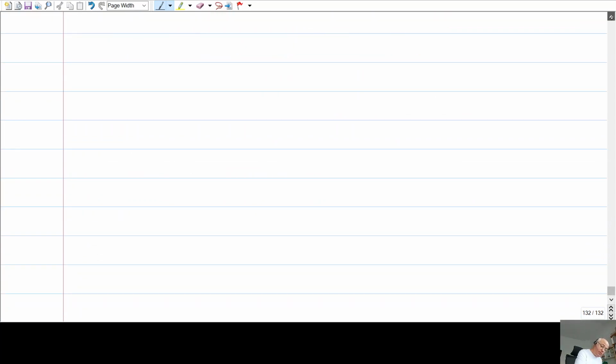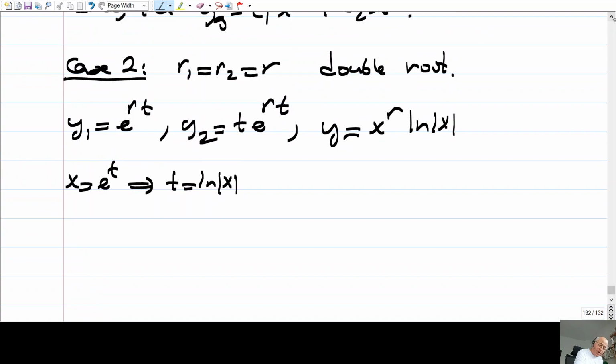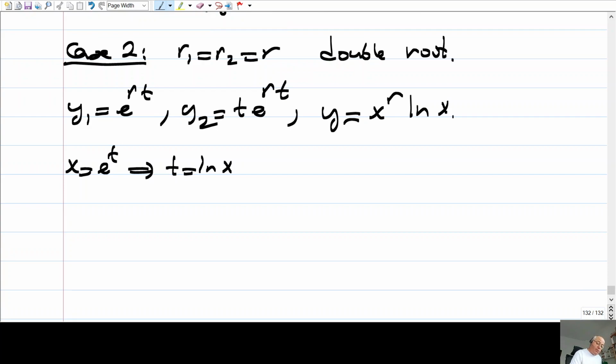Actually here x is already positive, because x is e to the power t, so I don't even need that. What else? Case 3: complex roots.